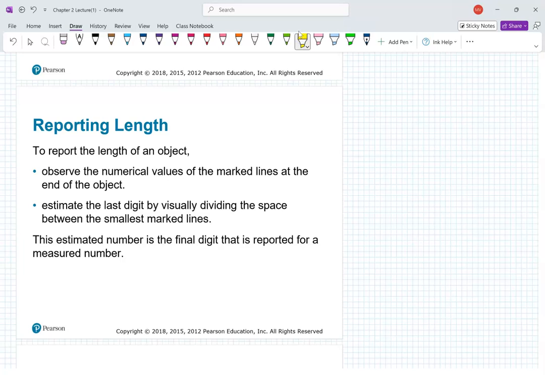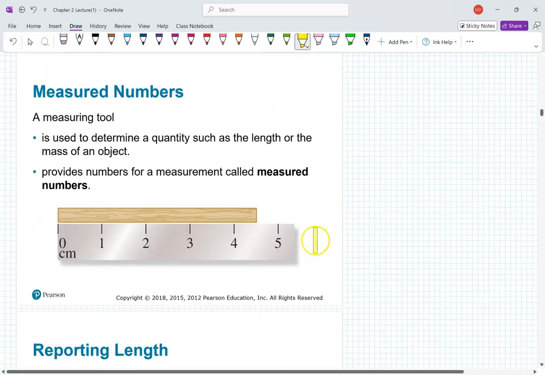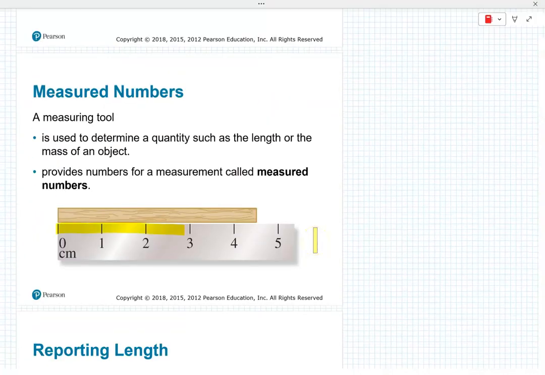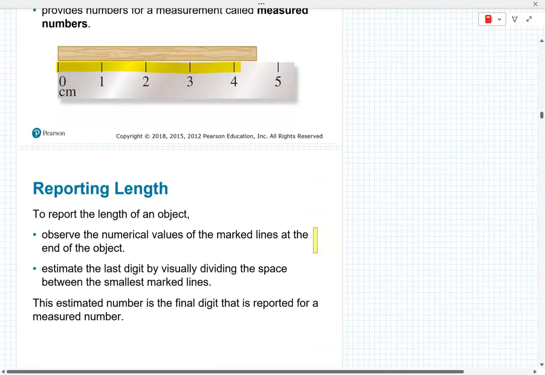So when you use a ruler to measure length, you count the number of these marks. You are certain all the way up to 4. Does that make sense? And then you estimate your last number.